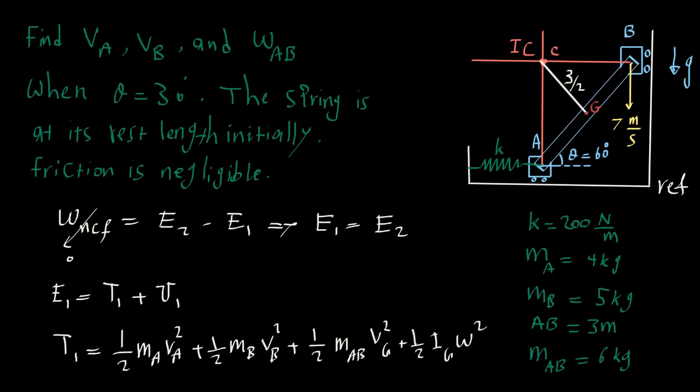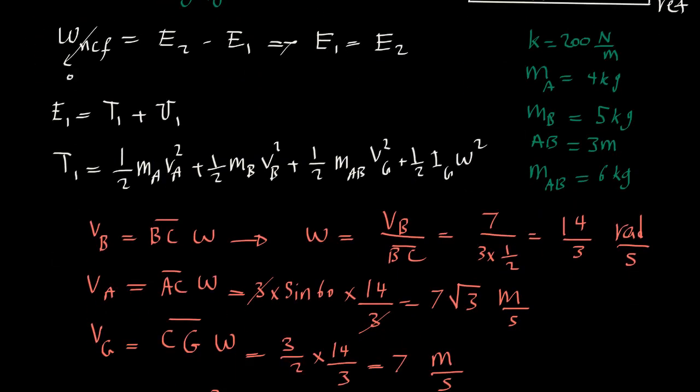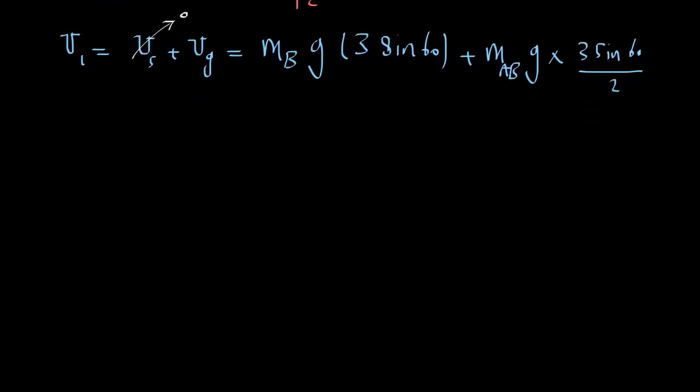Now we have to go to the second state, and calculate E2, the energy at the second state. Again, we have the same thing. E2 would be kinetic energy plus potential energy, so E2 would be T2 plus U2. Let's start with T2.